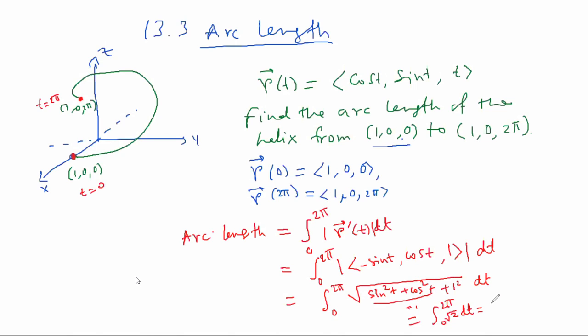Then you have square root of 2 t from 0 to 2 pi. And if you do that, this will be square root of 2 times 2 pi. That's the arc length from this point to this point.